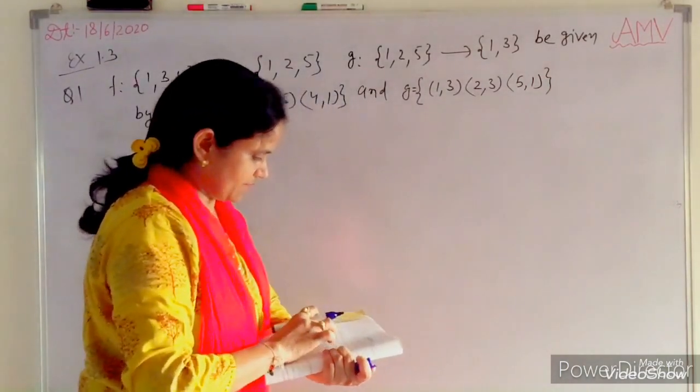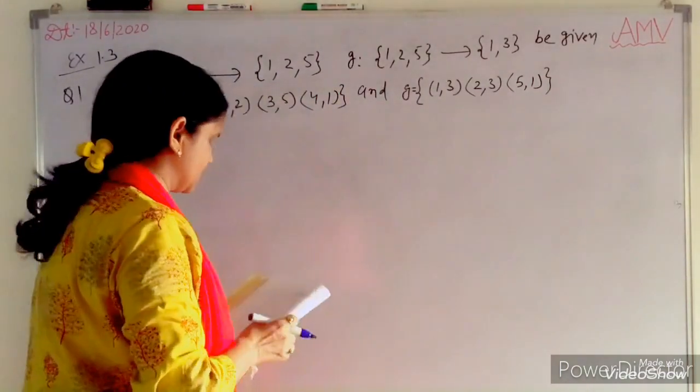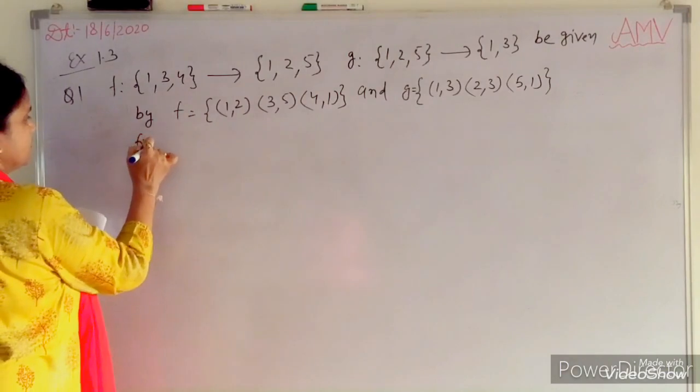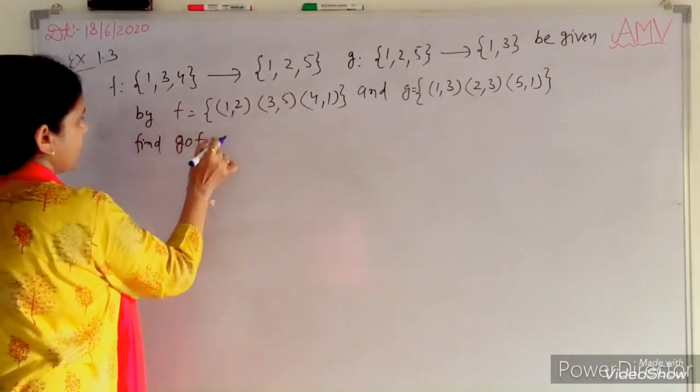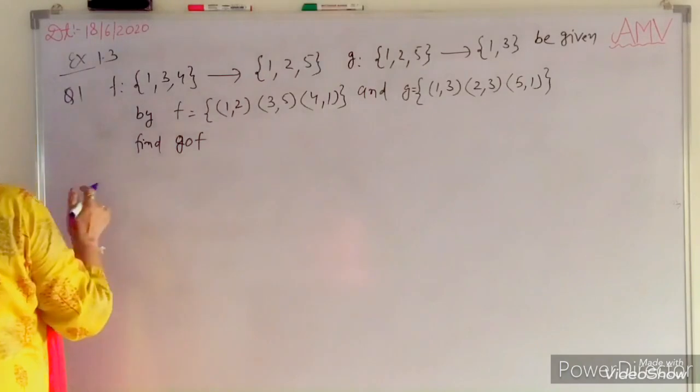Write down gof from this. Find gof only, okay, student?